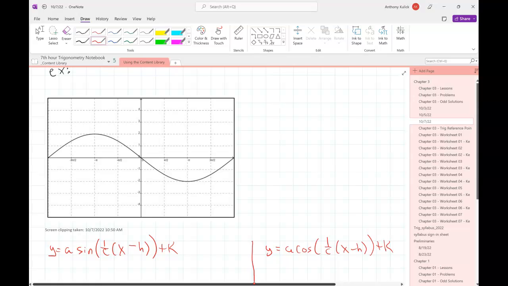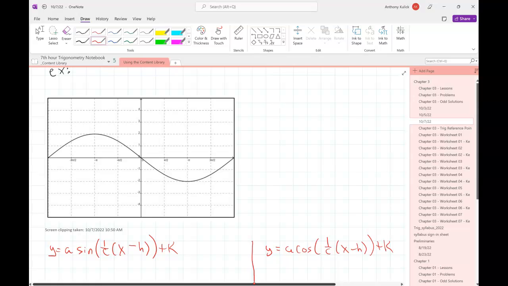To do that, what am I going to use? I'm going to use those properties of sinusoids that we just got done talking about. The midline, the period, the frequency, well, not the frequency, the amplitude. Those will all help me find the values for A, C, H, and K. Everybody cool with that? I like to start by looking for the midline.